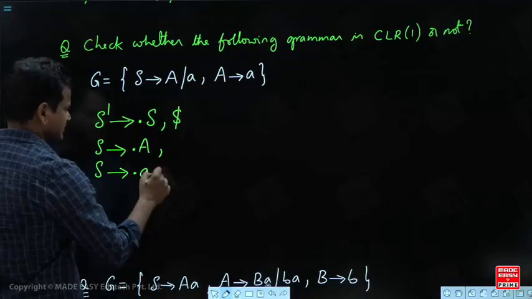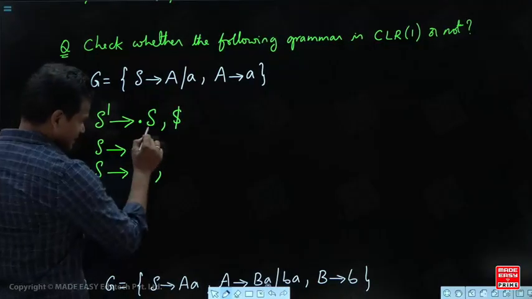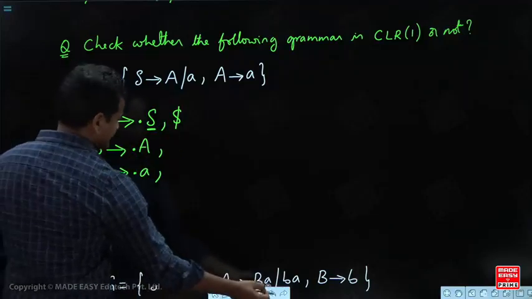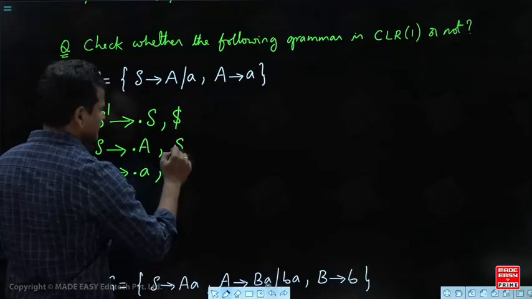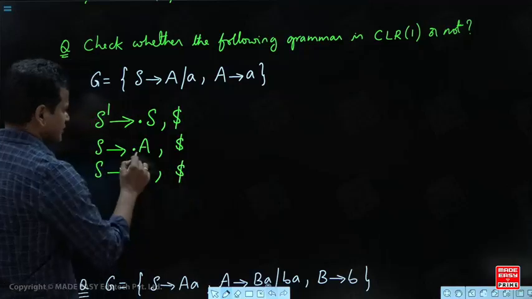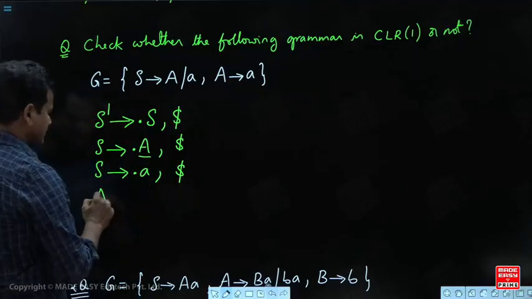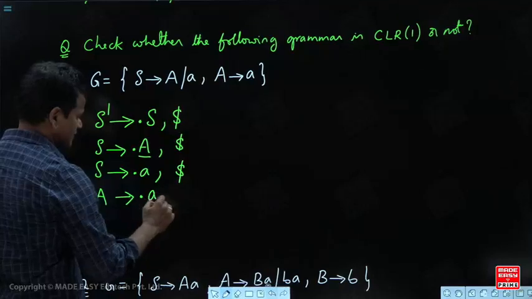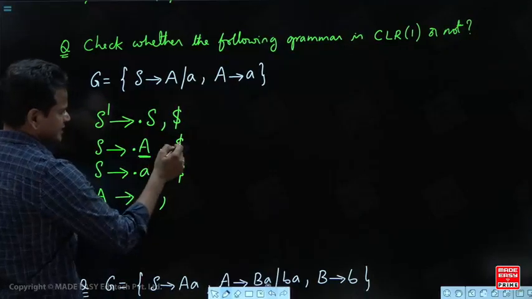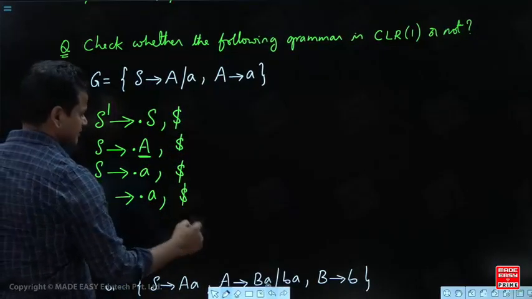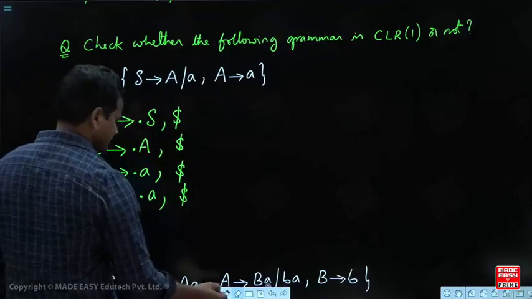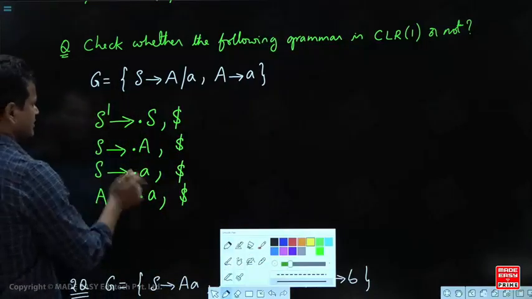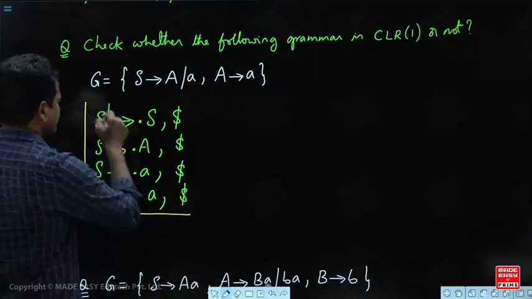Since after S there is nothing, copy the lookahead. Now dot before A, so write A's productions. A has only one production, and after A there is nothing, so whatever the lookahead is, just copy. Now we will close this because we cannot add any more, as there is no dot before a non-terminal.